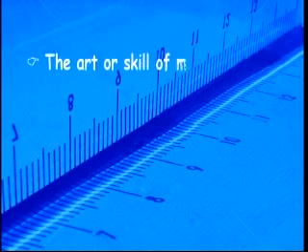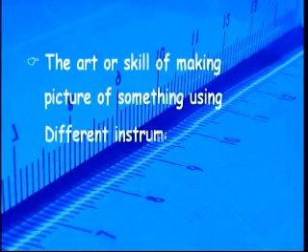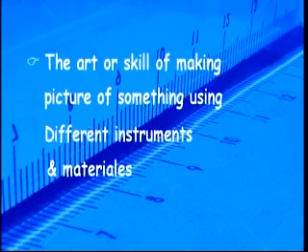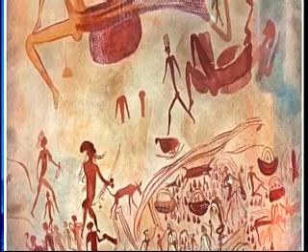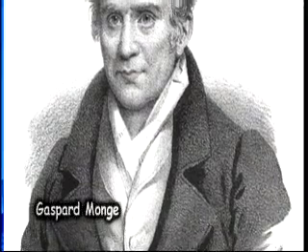Before we conclude our lesson, let us briefly revise what we've learned today. After defining drawing as the art or skill of making pictures of something using different instruments and materials, we briefly saw the history of drawing.